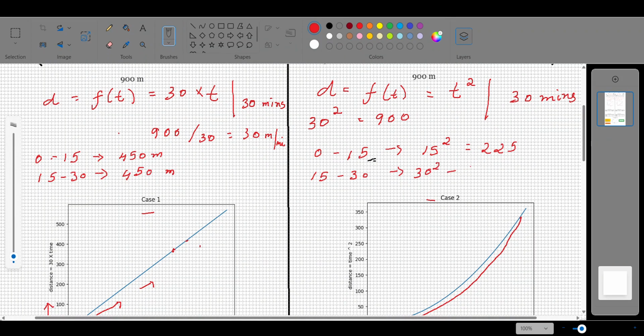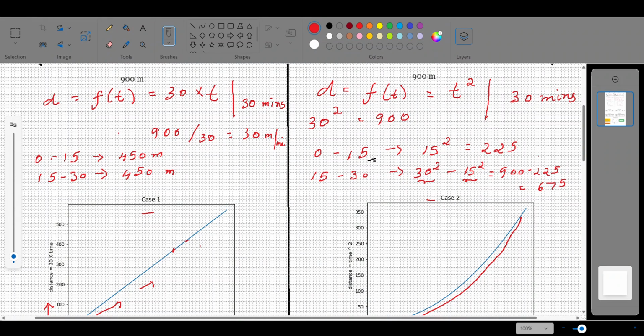And when 15 minutes have already passed, he walks 15 square meters. So we need to remove the distance walked after 15 minutes from the distance walked in 30 minutes total. And this is equal to 900 minus 225, which is equal to 675.